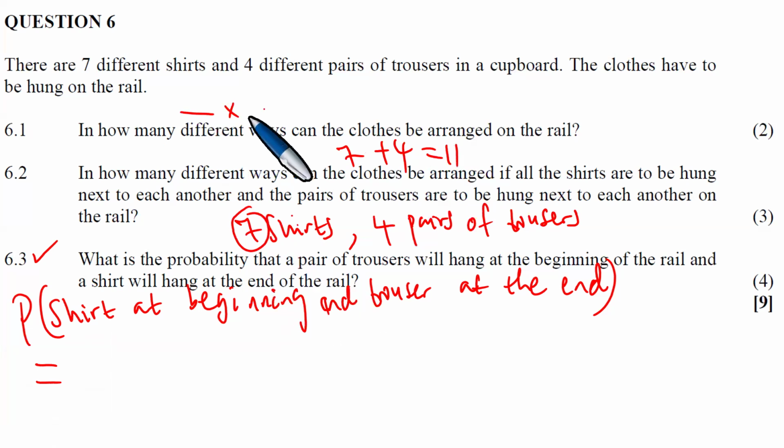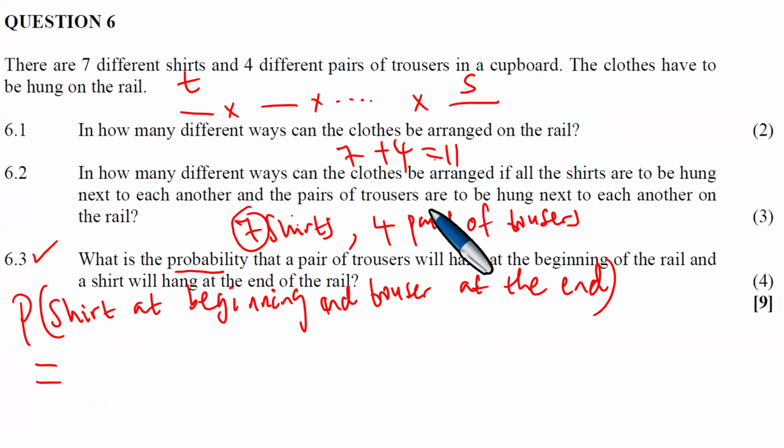But if we put the 11 things like this, and we are 100% sure that we want a pair of trousers to hang at the beginning, so we put T for trousers in the beginning. And a shirt at the end like this.